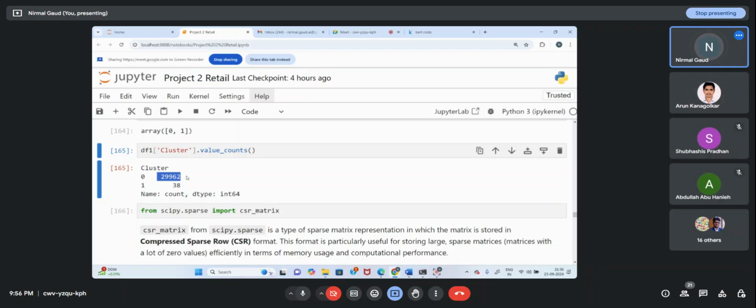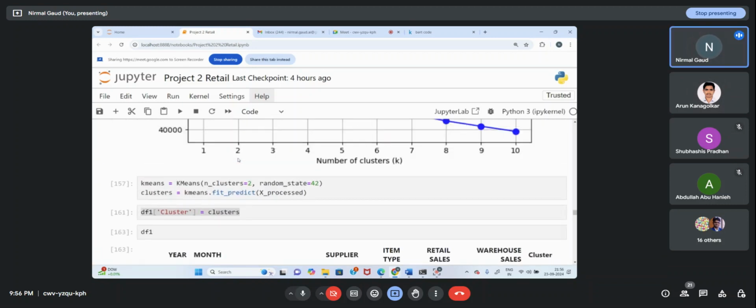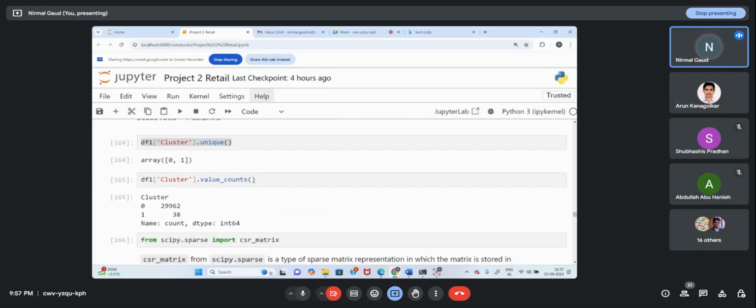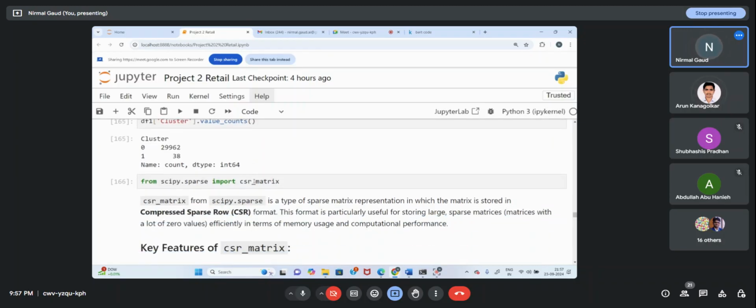That's what we are getting. Either I can do one thing, 7 clusters is also an option, that is also one of the optimal. I haven't tried in this particular code, but you can do that. Put number of clusters equal to 7, and then try to find the unique values, how the distribution goes. At the moment I did with 2.